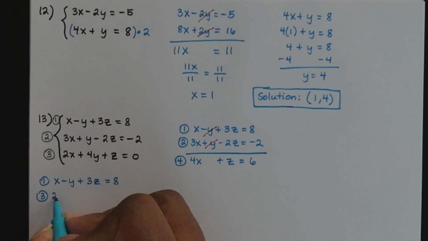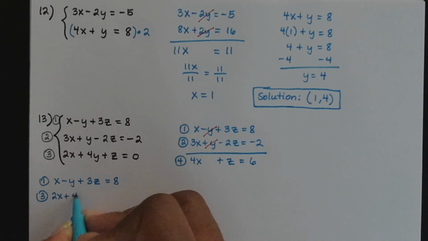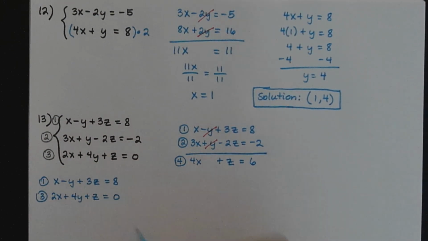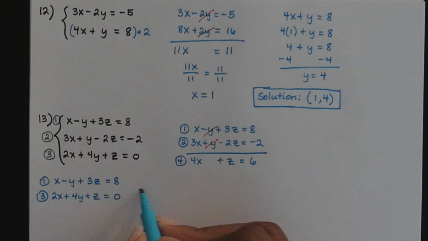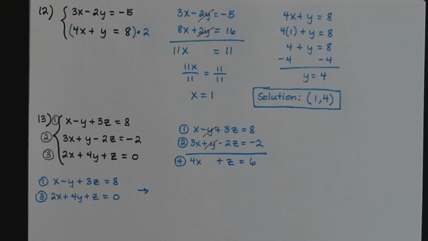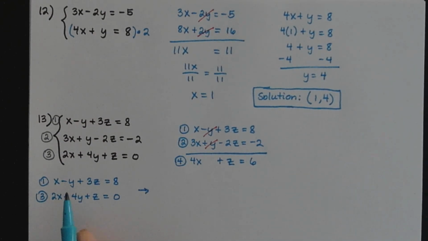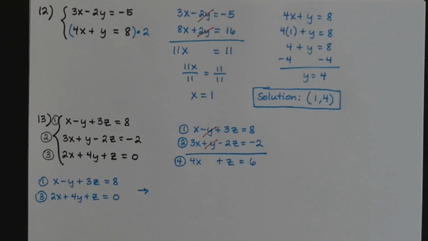Equation 3 is 2x plus 4y plus z equal to 0. Now, I need to eliminate the y, since in the first and second equations I eliminated the y. I have to do the same thing here. But if I want that minus y to be minus 4y, what do I need to multiply that equation by? By 4.